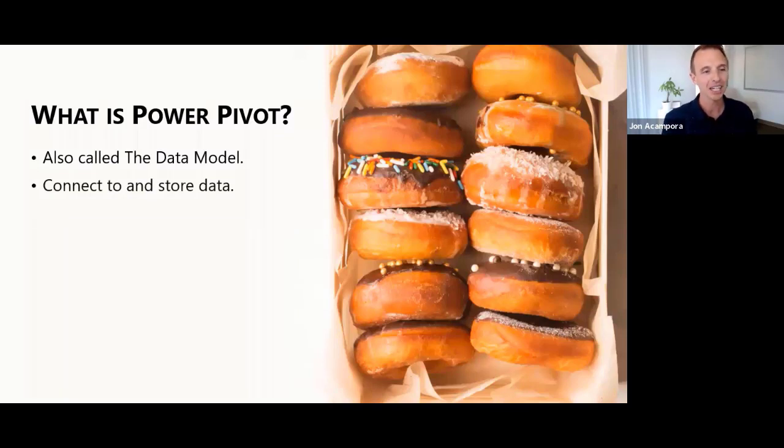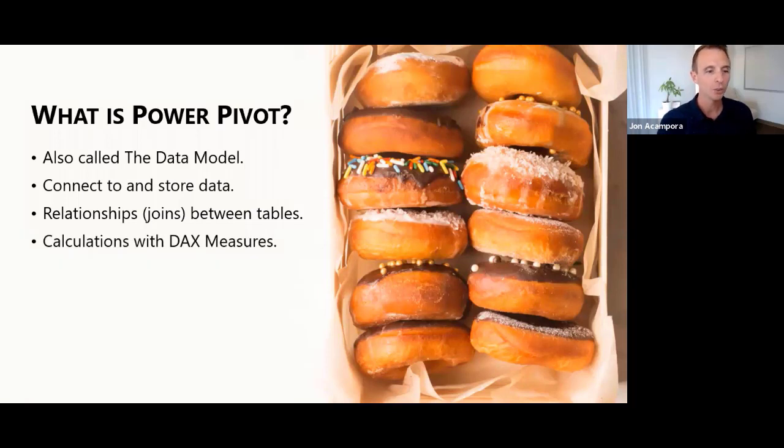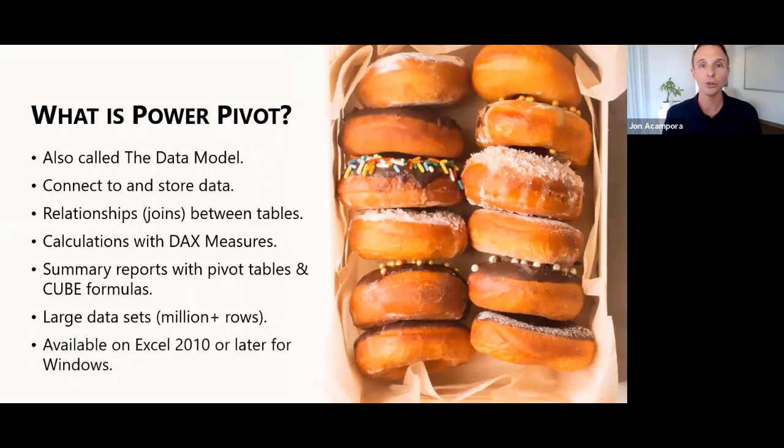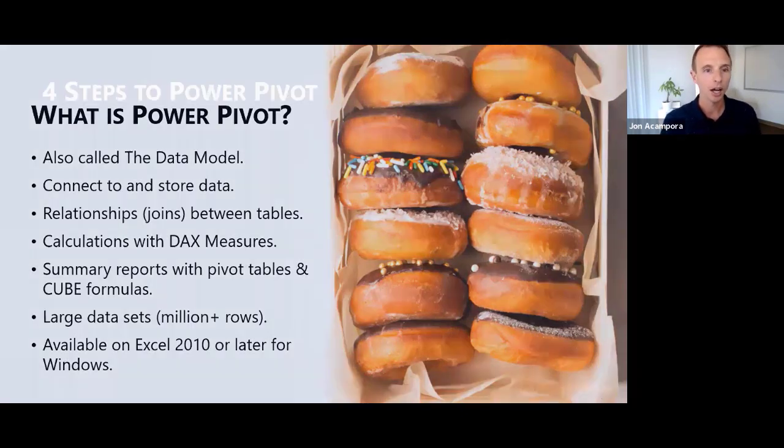It allows us to connect and store data and create relationships between tables. We can do calculations with DAX measures and summary reports as well. And we can do this on large data sets, million+ rows. Very cool stuff. It's available on Excel 2010 and later for Windows, so everyone should be able to get access to it now.